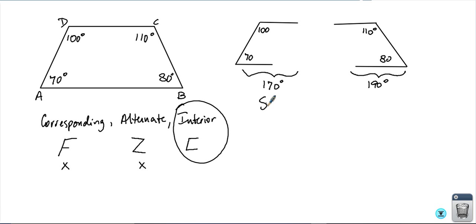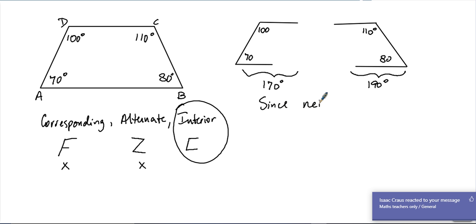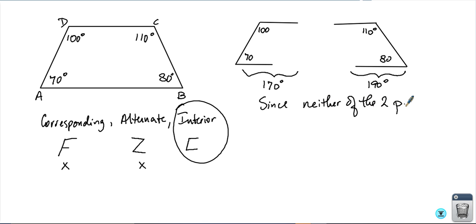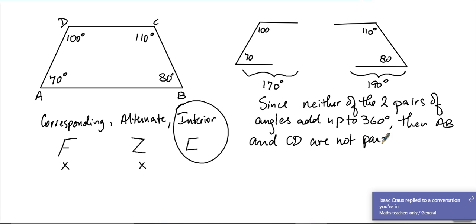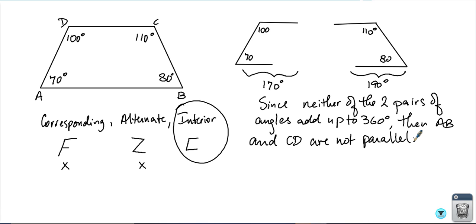So, since neither of the two pairs of angles add up to 180 degrees, then AB and CD are not parallel. Okay, so that's the first one. I have clearly shown that they are not parallel.